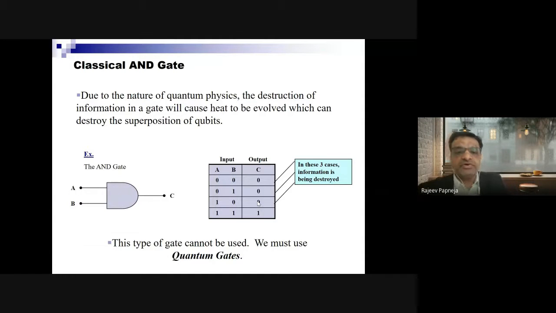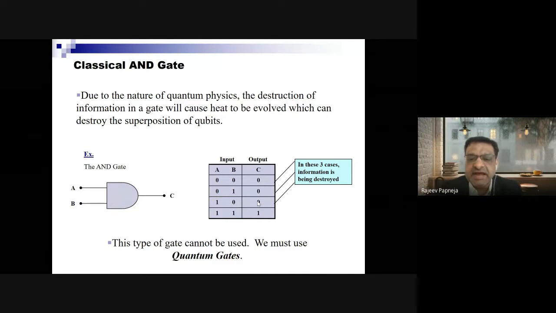The problem though in quantum is that the above 3 things where the output is 0, in quantum world the information gets destroyed. Now, because the information gets destroyed, it will cause the heat to be evolved, and it will affect the other quantum bits which are right now in superposition.